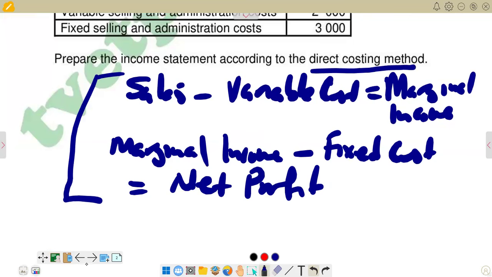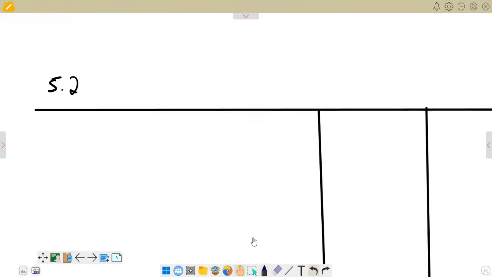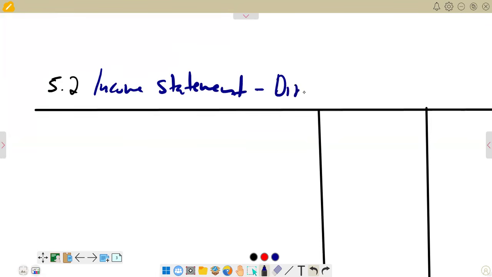So basically, we come to our answer section. What we are supposed to do is first start with the figure for sales. This statement is the income statement, using the direct costing method.